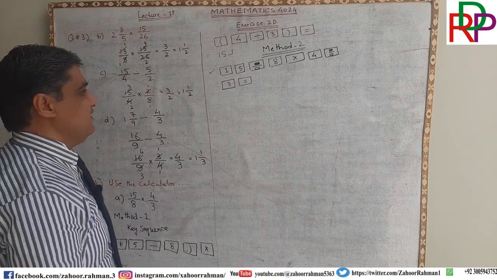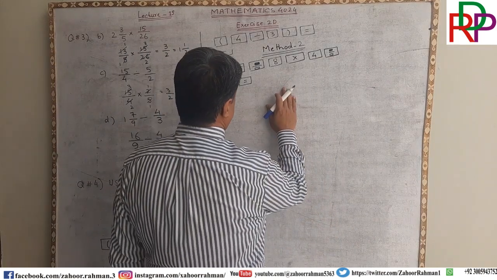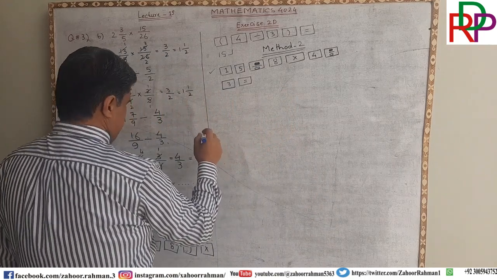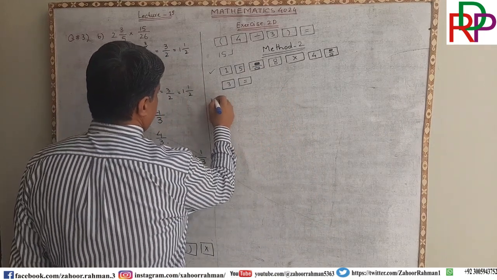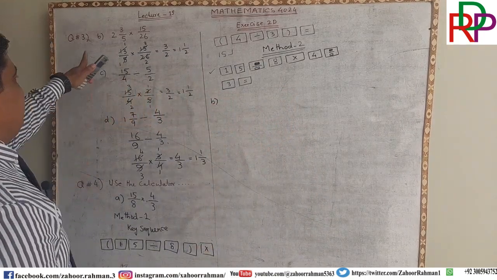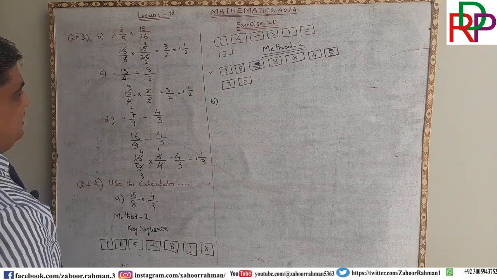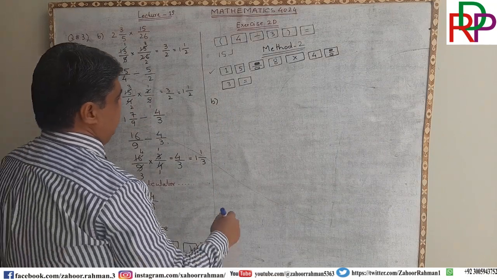Both are recommended. You need the answer and you will get the answer. Similarly, B part we are doing, and that is 2 whole 3 over 5.